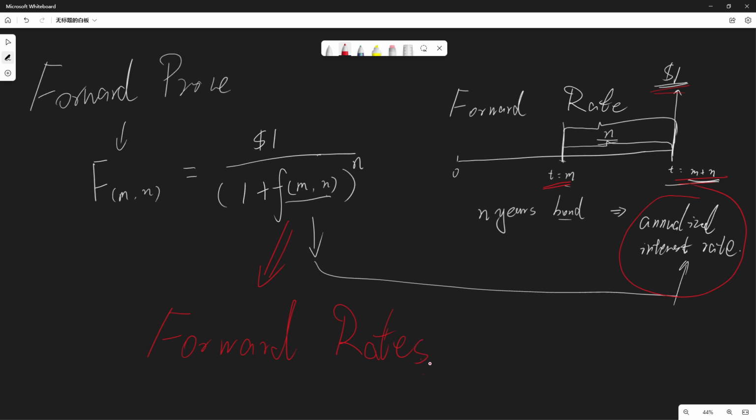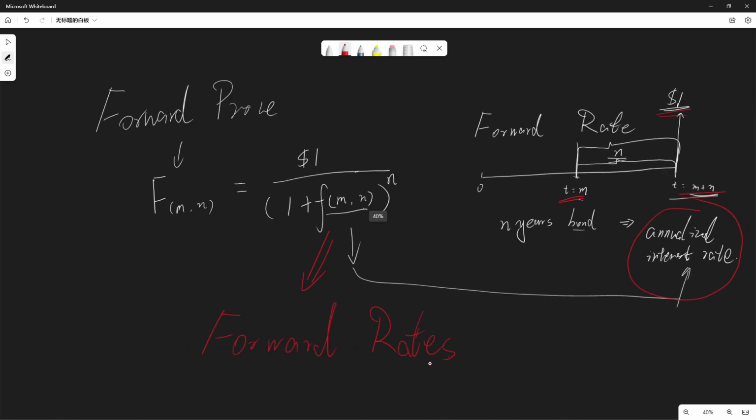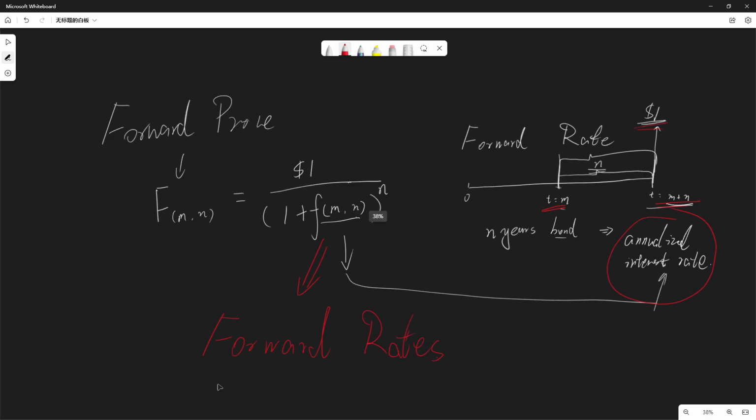And of course, as we have already discussed about the term structure of spot rate, you can use that idea in here, okay? So the forward rate also has a term structure, and the term structure of the forward rates is called the forward curve.